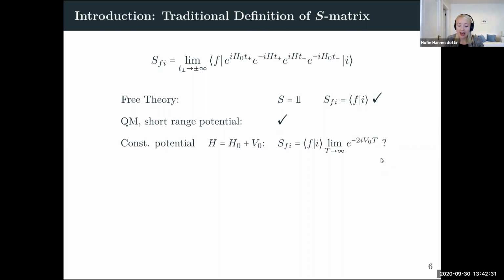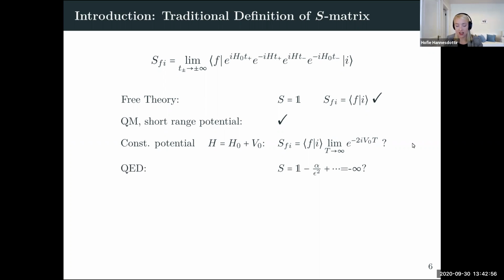What we're doing wrong is clear in this simple example. We're assuming that the states evolve freely as time goes to plus or minus infinity. That's obviously not a good assumption if I have a constant in my Hamiltonian, because there is no time when the constant turns off. It prevails at all times.